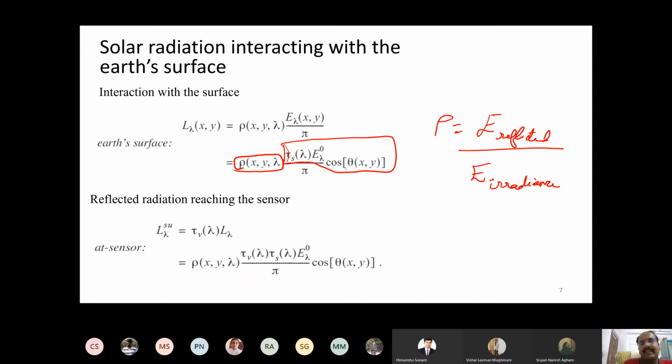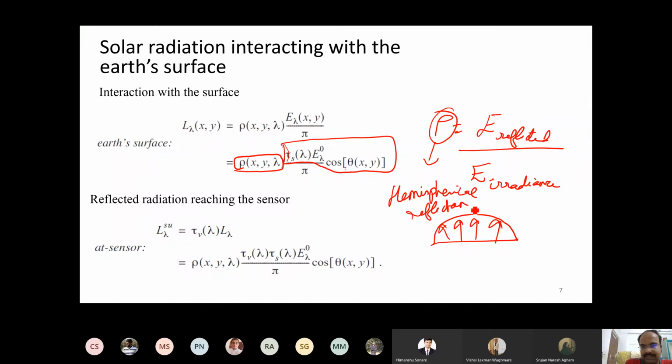Multiply the energy coming in with reflectance, and you will get the total energy going out within the hemisphere, because the reflectance here is defined as hemispherical reflectance. That is, the energy reflected within the entire hemisphere surrounding the object of interest.